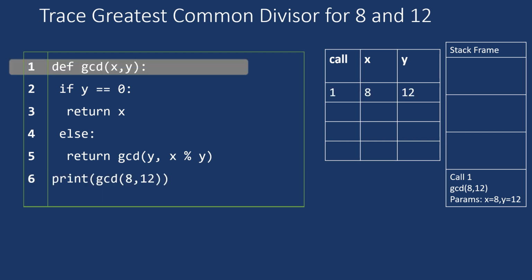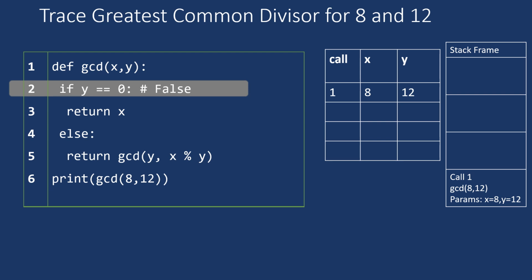So the next stage then, we're into the routine, and we get to line 2. Well, y is not equal to 0, so that's false.